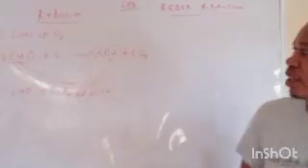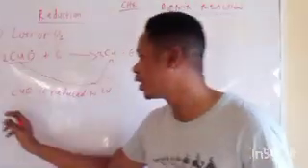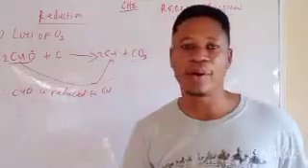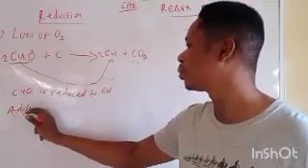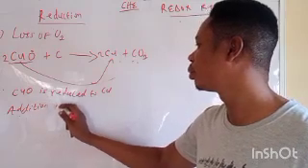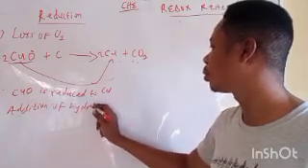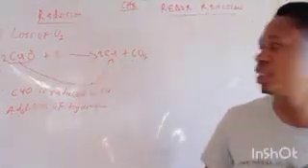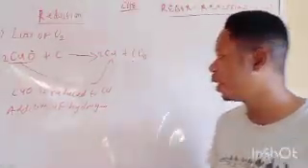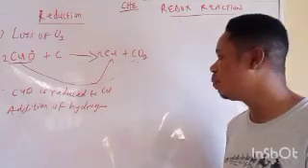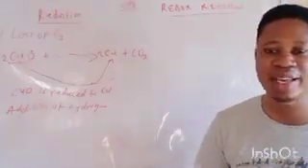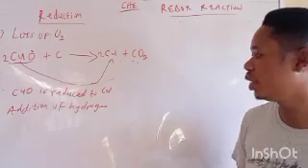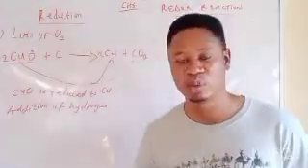The second way you can define reduction is gain or addition of hydrogen. Don't forget I told you that the opposite of oxidation is reduction. Now, when a compound or an element gains hydrogen, such element or compound is said to undergo reduction.